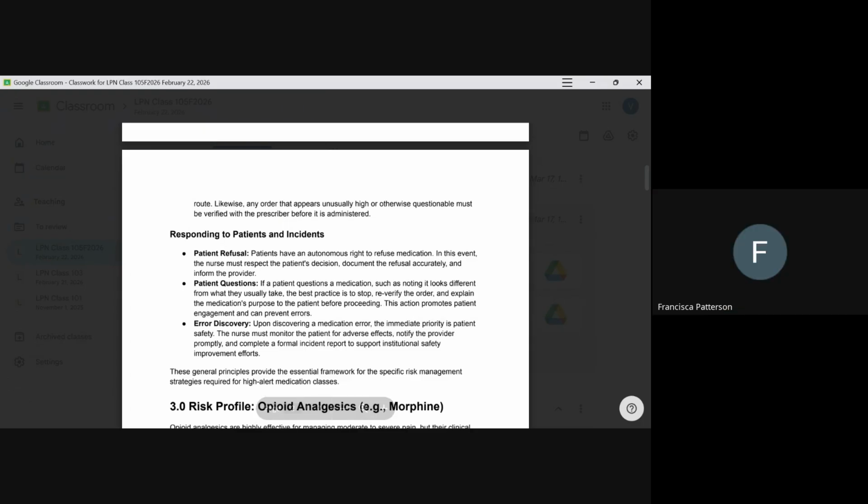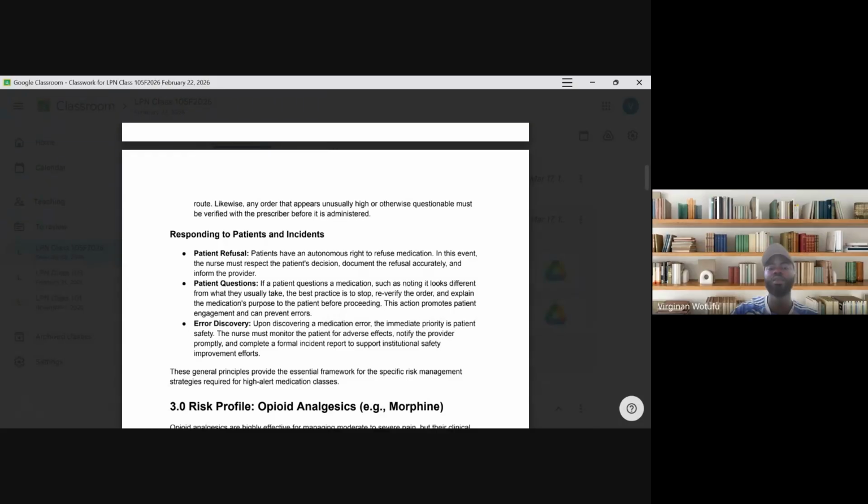You assess, then you notify the provider, then you document. Exactly. Good. So you assess for the adverse effects. If the error is causing an adverse effect, you check what's the adverse effect, what is happening, right? You notify the provider, then incident report.